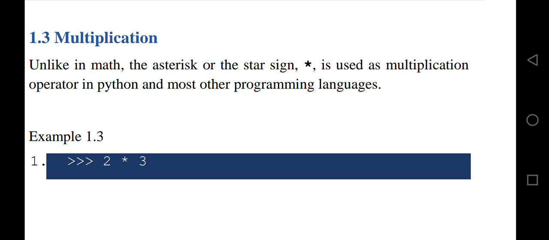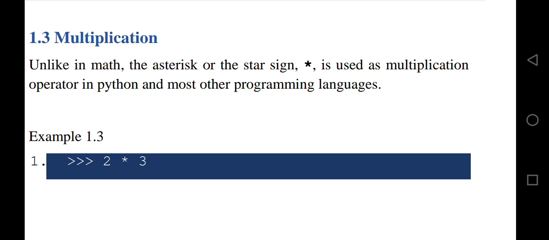But in math class, we learn that we shall use the cross sign to represent multiplication, the multiplication operator. This is not true in programming. In programming, we use the asterisk or the star sign to represent multiplication.